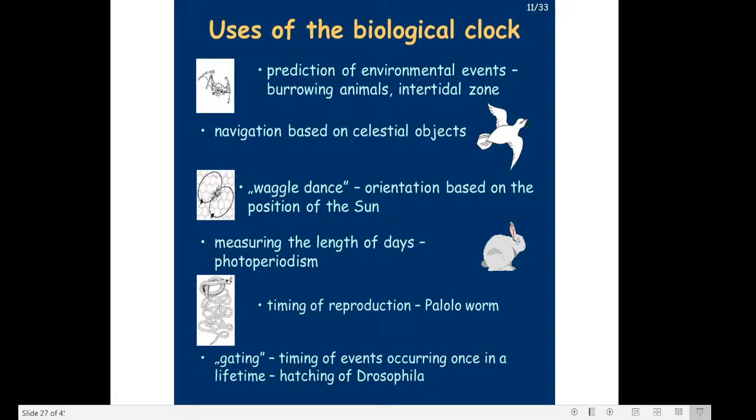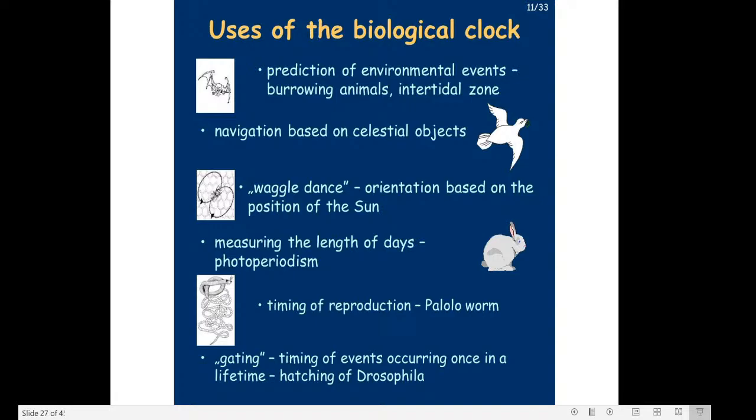For the applications, they provided a multiple choice question asking whether it comes under the biological clock. Understanding is very important for prediction of environmental events, navigation, orientation based on the position of the sun, measurement of the length of day, timing of reproduction, and gating.